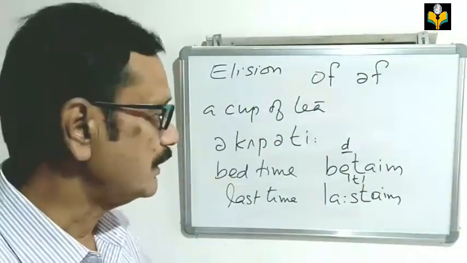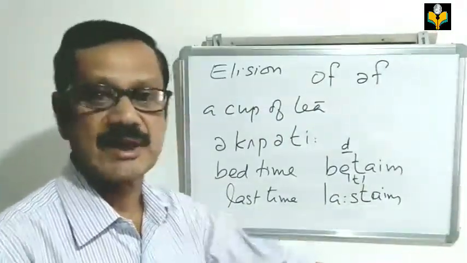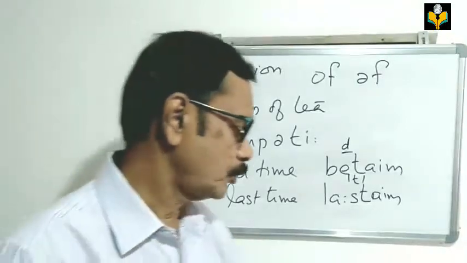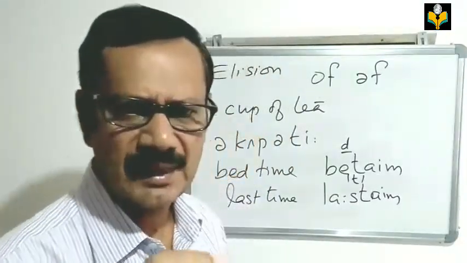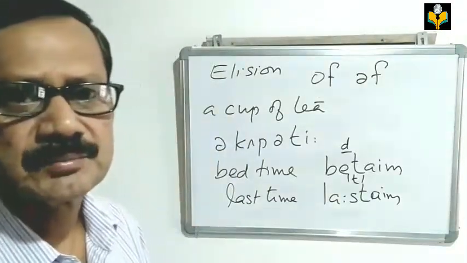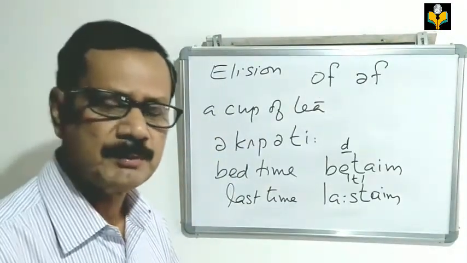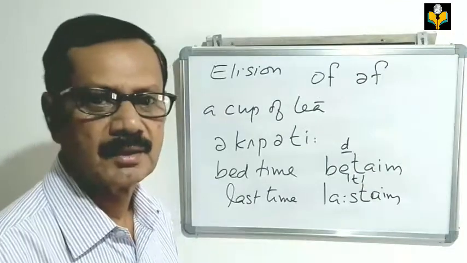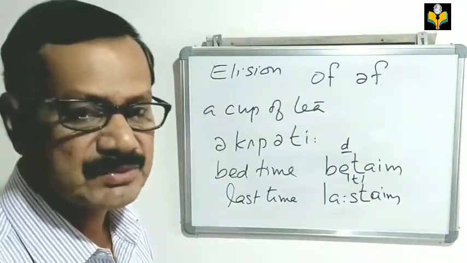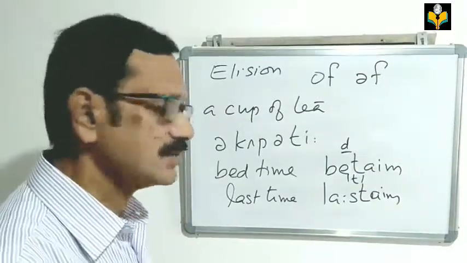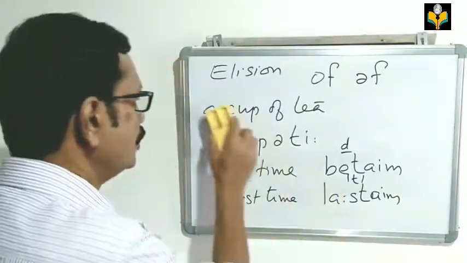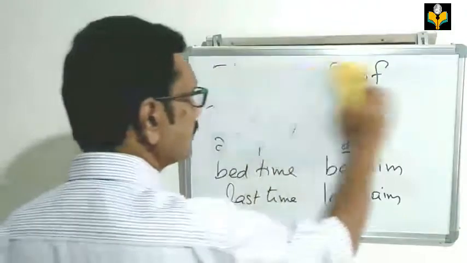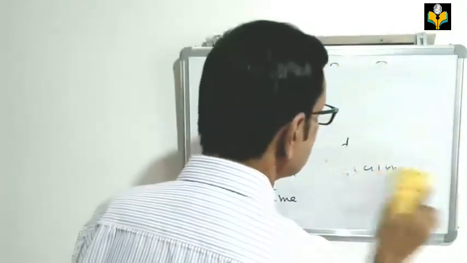So we only say last time. So it is called elision. It is better to remember the examples, so it will be easy for you to explain. Don't forget the examples. Examples are very important, so that you can explain what is addition, what is assimilation, what is juncture.